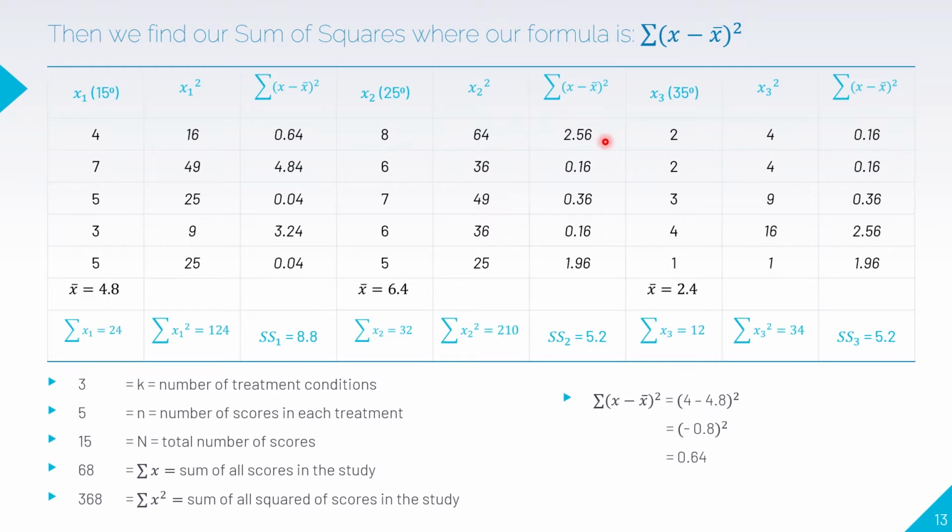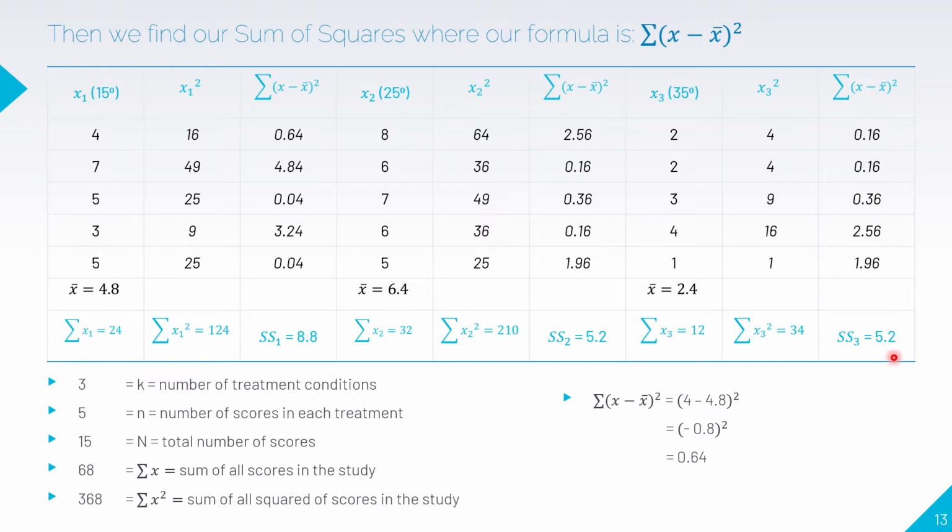Next, we have here 2.56, 0.16 plus 0.36 plus 0.16 plus 1.96. We have our second sum of squares, 5.2. In here, we have 0.16 plus 0.16 plus 0.36 plus 2.56 plus 1.96, and we have our third sum of squares, which is 5.2.